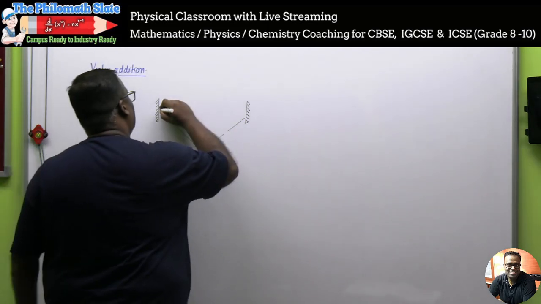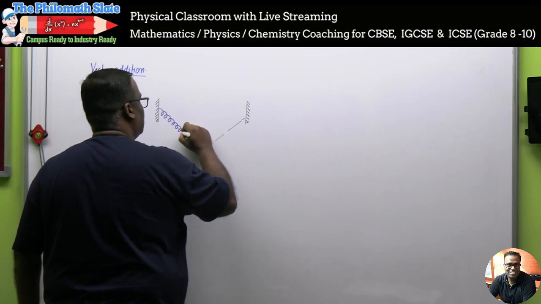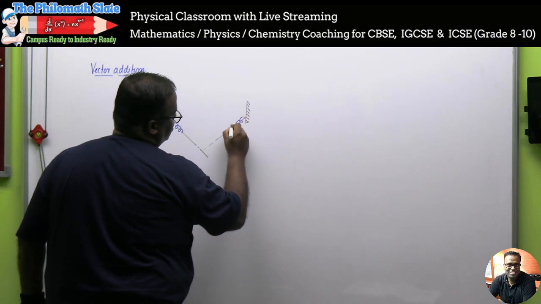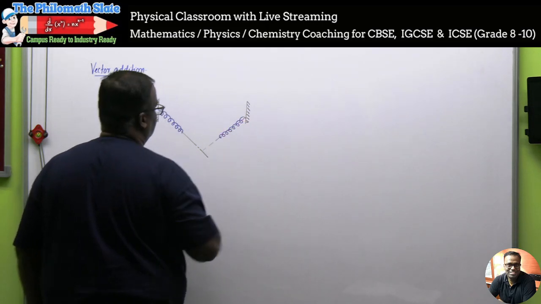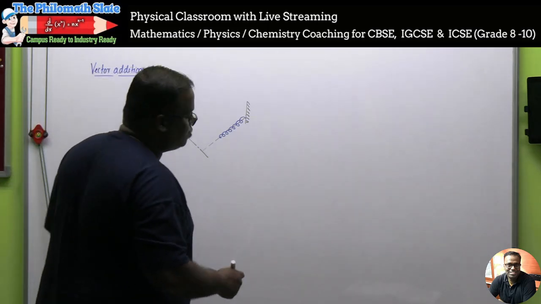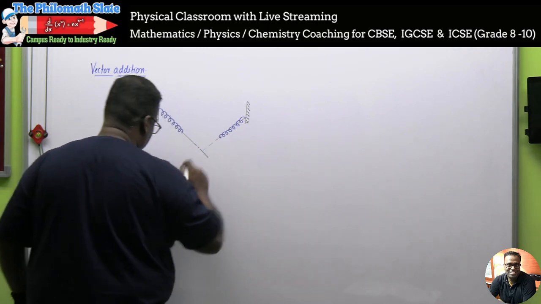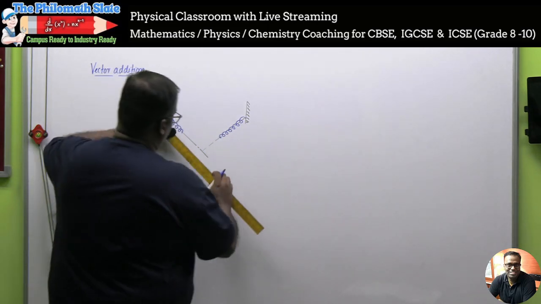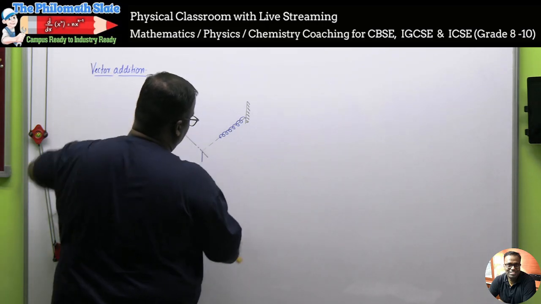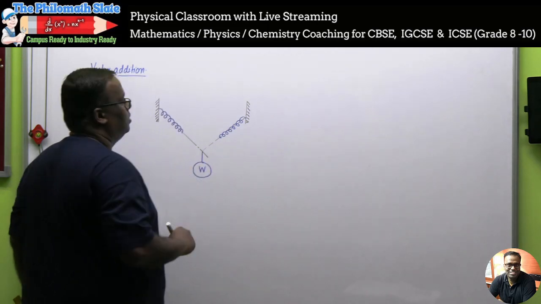I have a spring from this side, okay, and I have a spring from this side also. Here, right? And with these two springs, I have attached a load. Let's say W is the load.